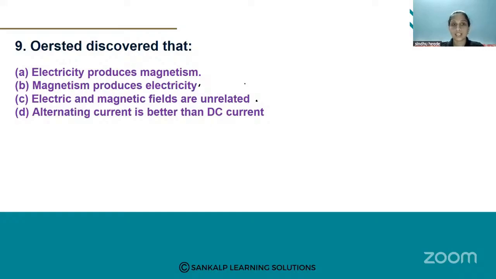Which option is correct? Hans Christian Ørsted discovered the relationship between electricity and magnetism, right? So option A is correct. Electricity produces magnetism. So options B, C, D are wrong.